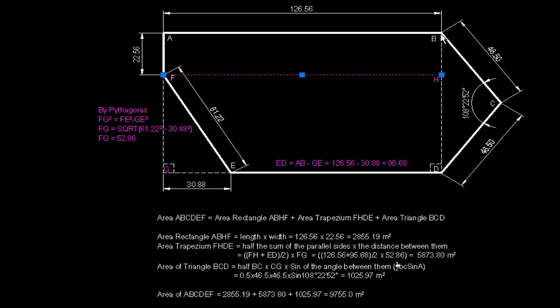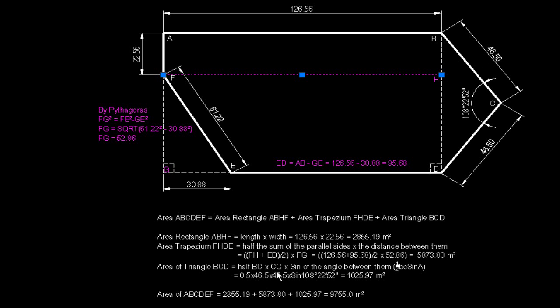All that remains now is to calculate the area of triangle BCD. Now there are two formulas for the area of a triangle. One is half the base times the height, but in this case here we have neither a base nor a height. However, there is an alternative calculation, and that is half BC sine A, or half the product of two sides times the sine of the angle in between them, the included angle. So we've got 46.5 here.